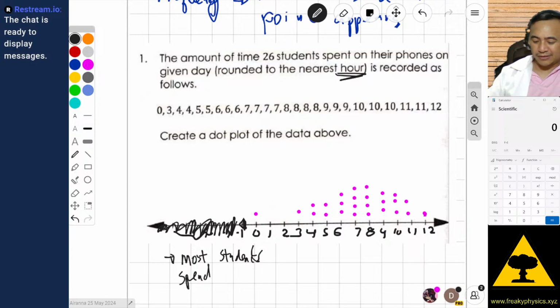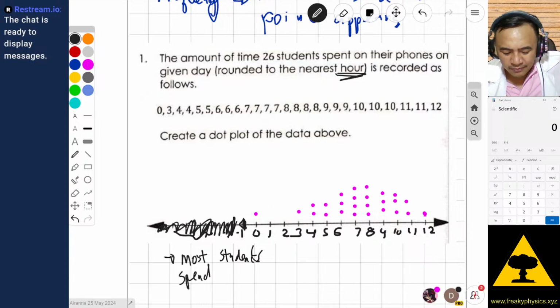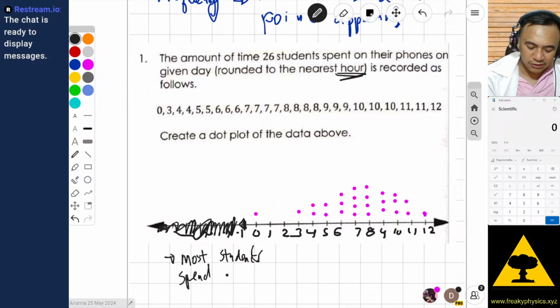Think about it. That's only 8 students spending 7 or 8 hours on their phone, but we have a total of 26. That means there are 18 students who are not spending 7 or 8 hours of their time on their phones. So you can't really say that most students spend 7 or 8 hours on their phone.